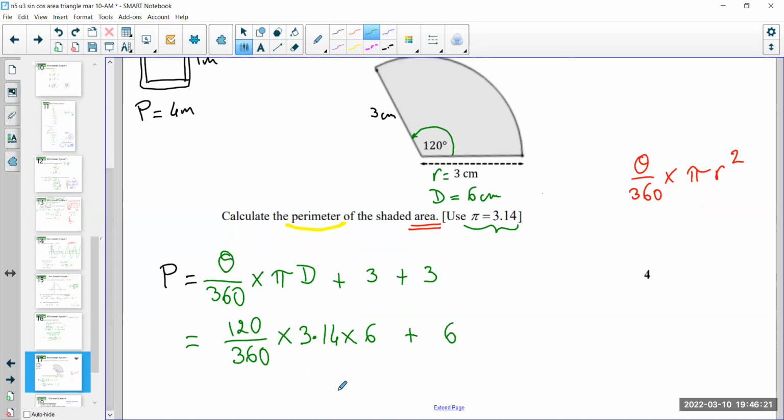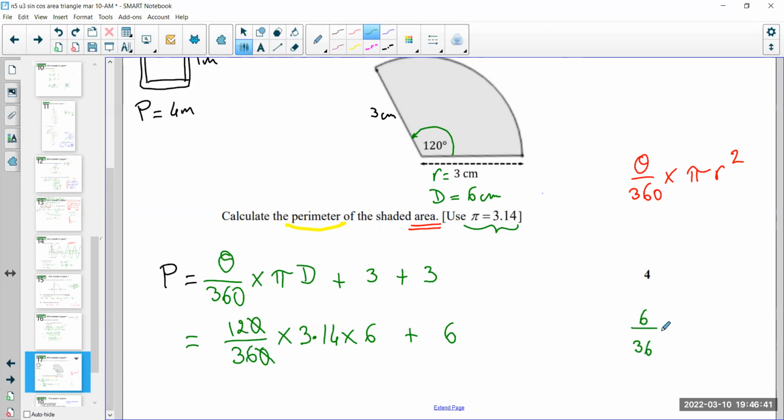Okay. Now, this is the bit where we need to be a bit savvy, right? I've got 120 divided by 360. It's the same as 12 over 36. Now, if you've got 6 and you've got 36, what is 6 divided by 36?